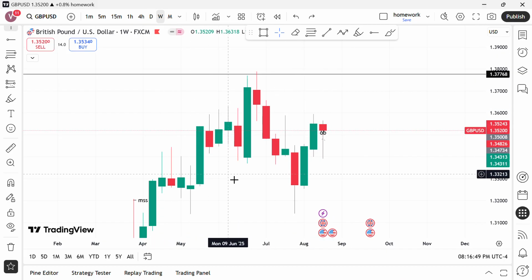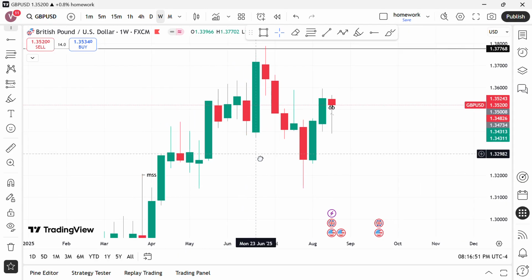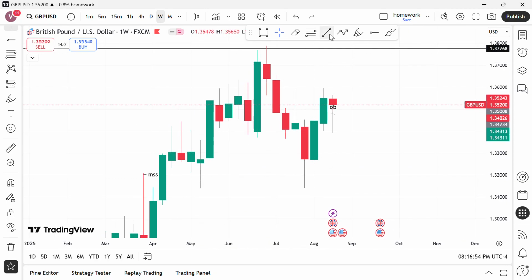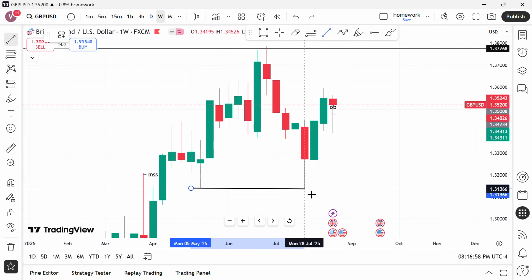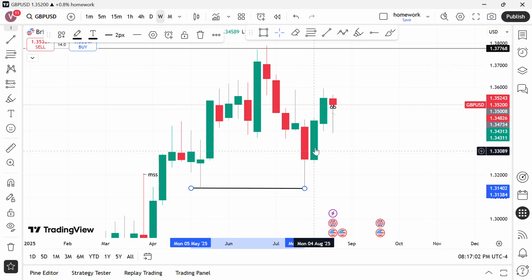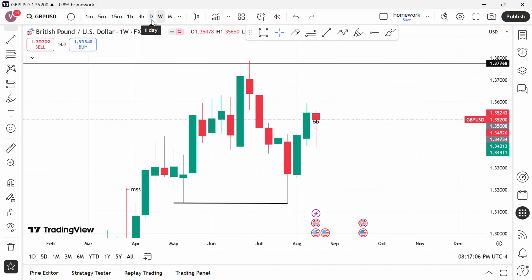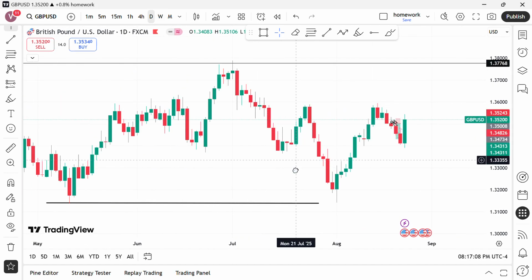So now, this one level is also an important notation to note, that this is where the price arrived and then it went back to retrace. Next we'll go to the 1 day time frame.